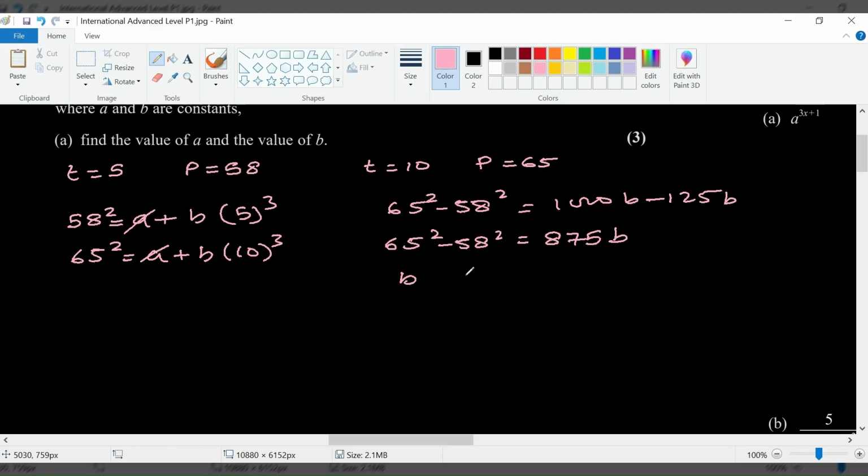Once I do the simple calculation, b is 65 squared minus 58 squared divided by 875.